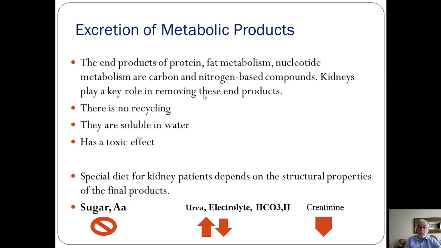And the third group is molecules like creatinine, which are not taken back into the blood and must be excreted into urine. A special diet for kidney patients depends on the structural properties of the final products. It is another important task for us.